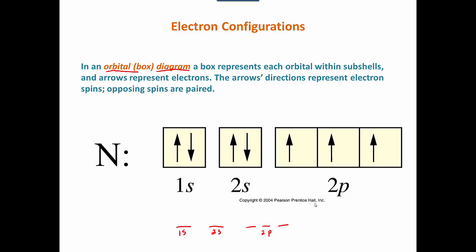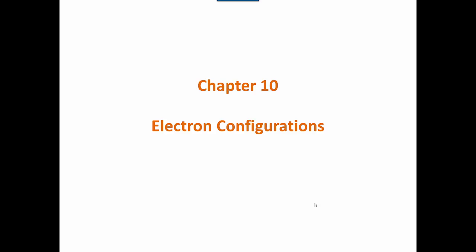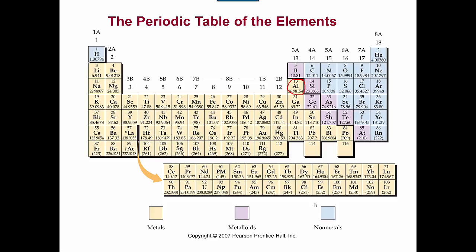So here we show nitrogen. The 1s fills first. We have the 2 electrons, both of opposite spin. The arrowheads are opposite one another. So that one fills first. The 2s fills next. And if we go back to the periodic table, we see that nitrogen has 7 electrons that need to be distributed.